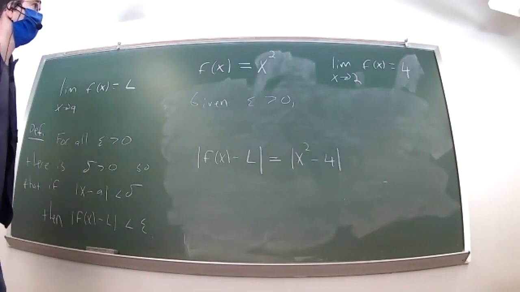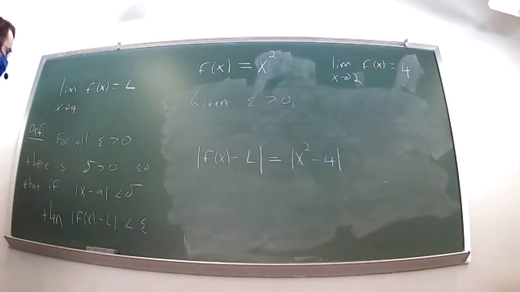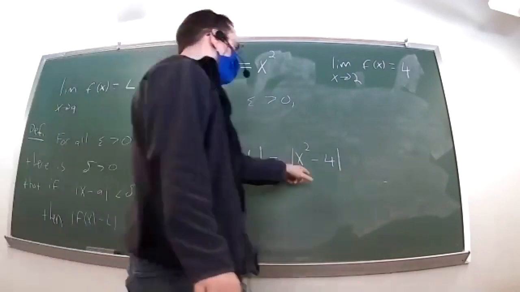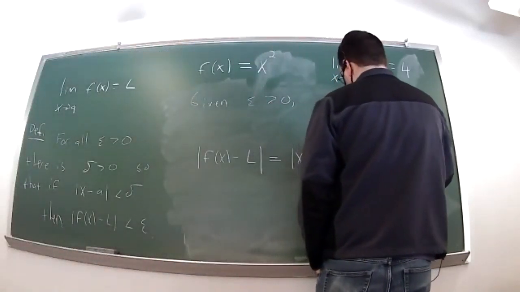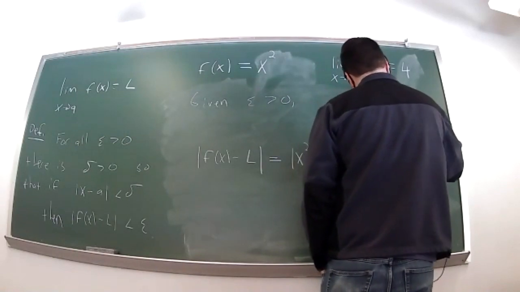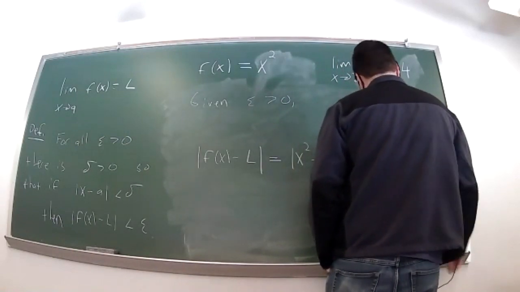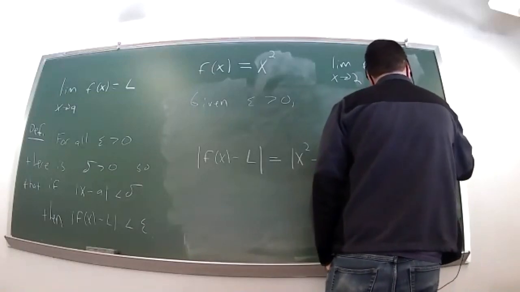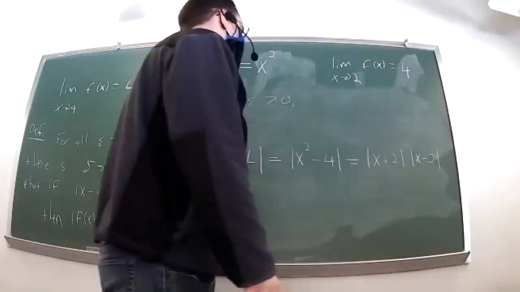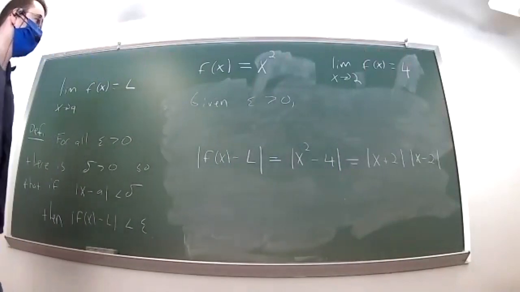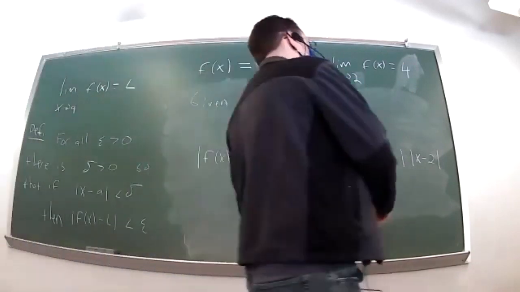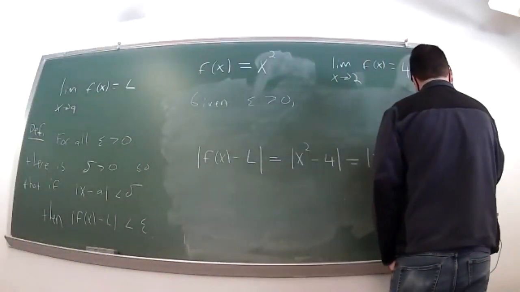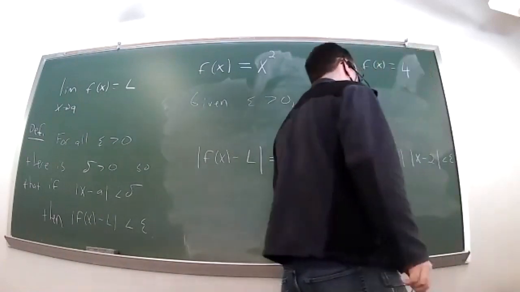In this case, a is equal to 2, so I want to relate this to x minus 2. So I can factor this as the absolute value of x plus 2 times the absolute value of x minus 2. And this is the thing that I want to be less than epsilon.